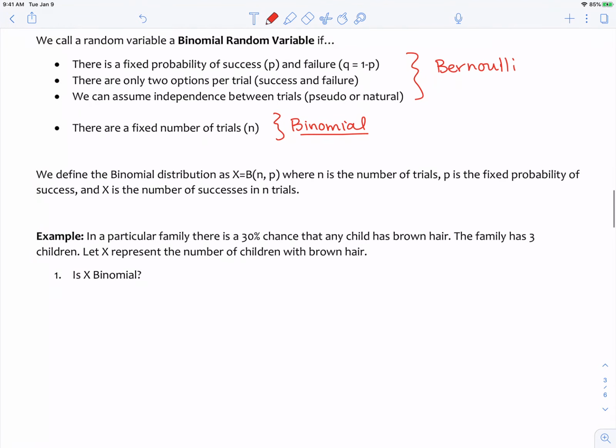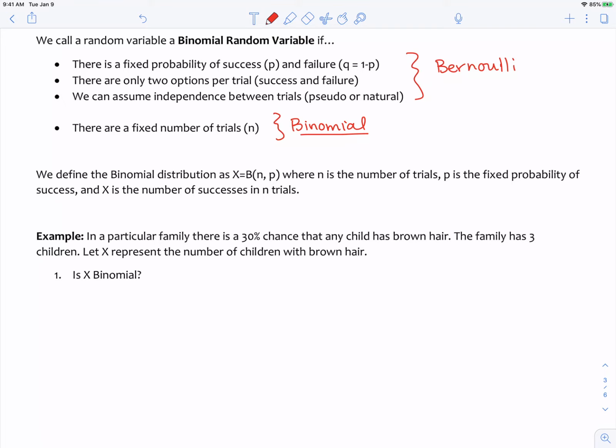So we define the binomial distribution as X equals B with an n and p being defined, where n is the number of trials and p is the fixed probability of success. X is the number of successes in n trials.